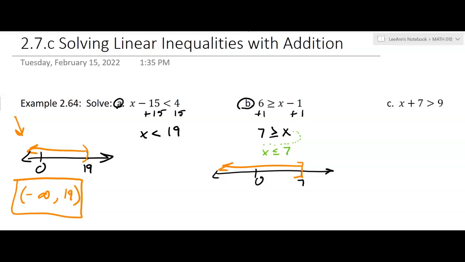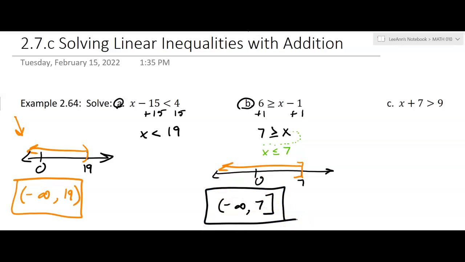I don't know if you were in the marching band, I wasn't, but if that illustration helps, your x is coming to the right, but now your greater than becomes a less than, and then your 7. So we're talking about all the numbers less than or equal to 7. However you want to think about it, I like to have my x on the left. So we're talking from negative infinity to 7, but with a bracket on that 7.